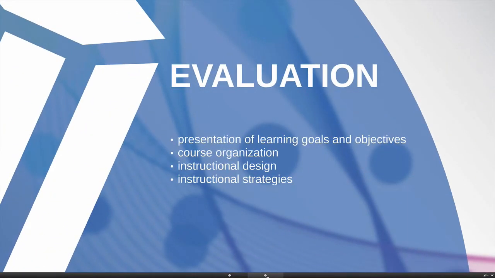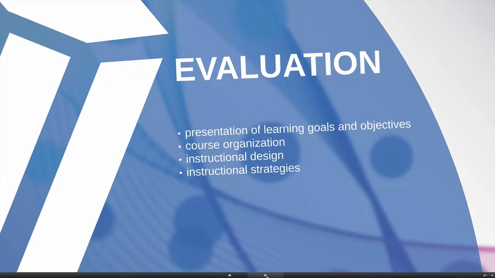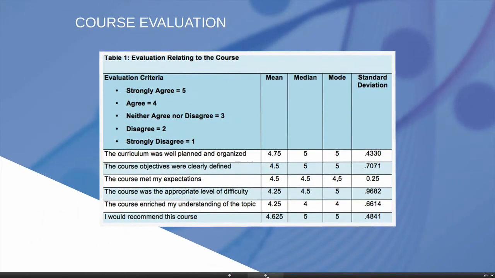The purpose of the living classroom final assessment was to determine if the course design was successful based on the following criteria. 1. Presentation of learning goals and objectives. 2. Course organization. 3. Instructional design. And 4. Instructional strategies. Overall, the participants found the course to be well planned and organized.